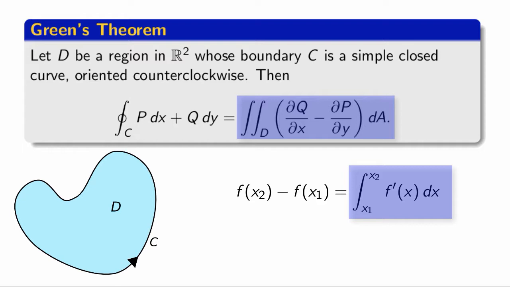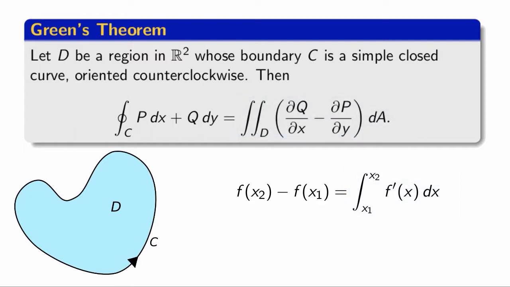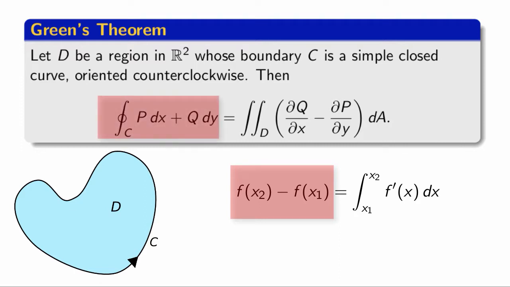Not identical, but definitely similar. Also, on the left-hand side of the usual fundamental theorem, we have a calculation involving only the boundary of the interval, similarly to how the left-hand side of Green's theorem only involves the boundary of the region.